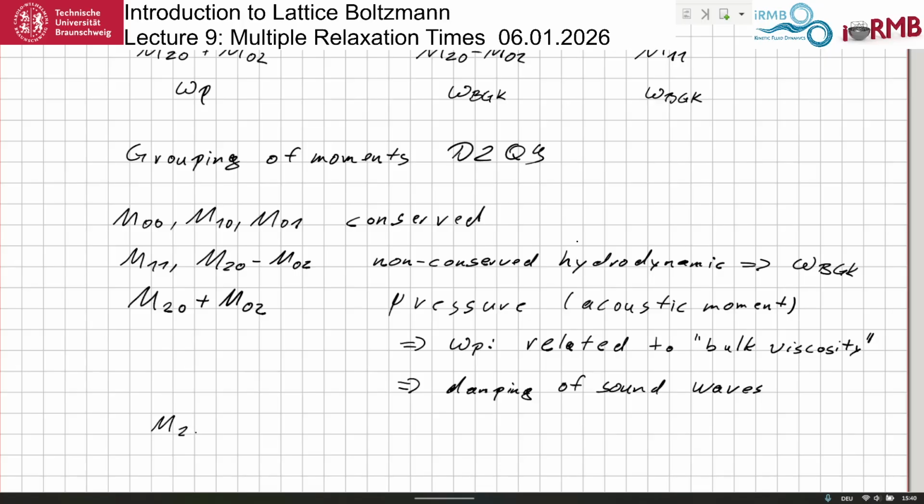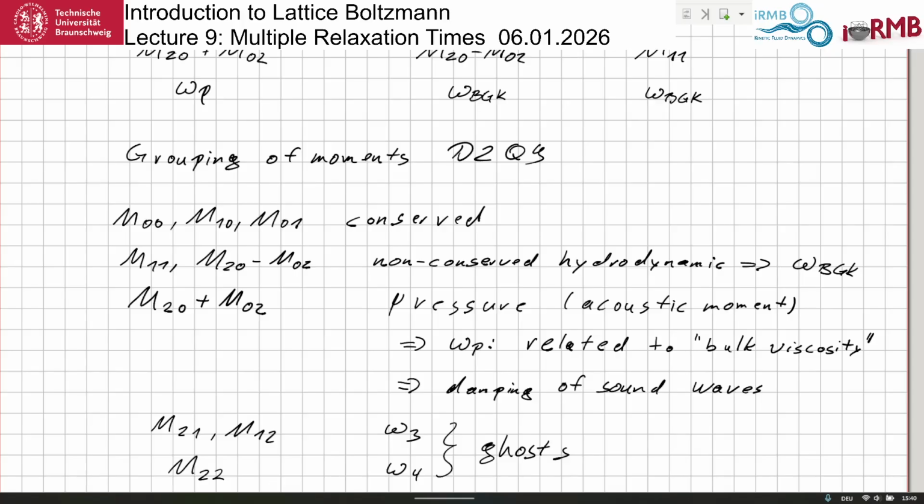So this is M21 and M12. These are the third order moments, and I will just give them the relaxation rate omega 3. And to the fourth order moment M22, I will just attach omega 4. And these are our ghosts on this lattice. So this lattice doesn't have a lot of ghosts.